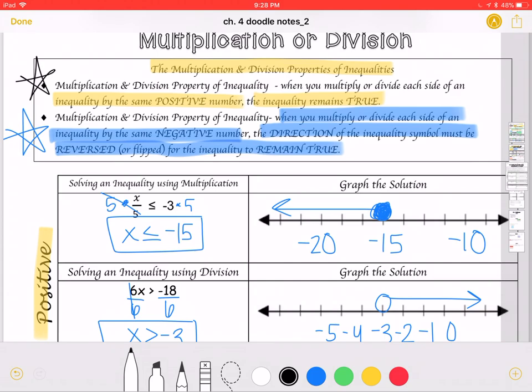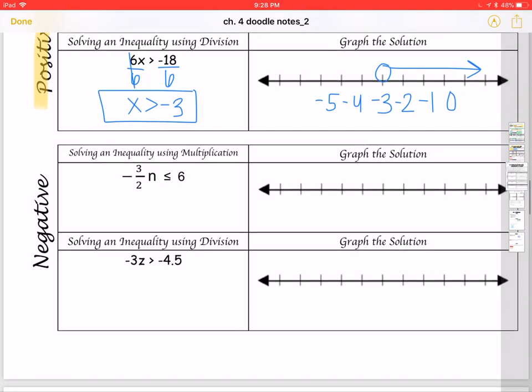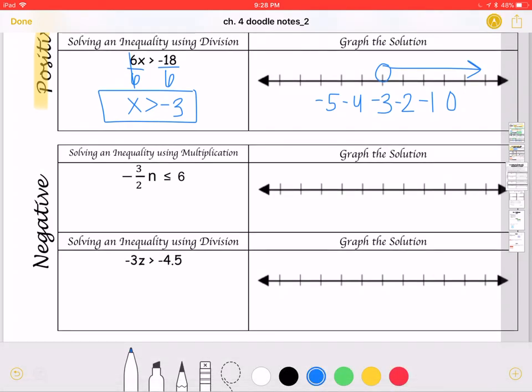Okay, let's take a look at what happens if you multiply or divide by a negative number. This is where, like I said, it gets a little tricky. So if you notice, right now n is being multiplied by negative 3 over 2. To get rid of that, we're going to divide by negative 3 over 2.